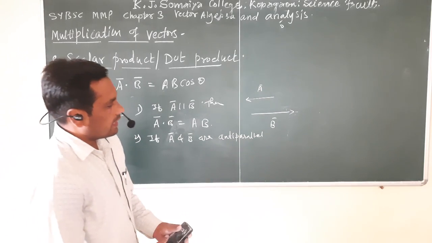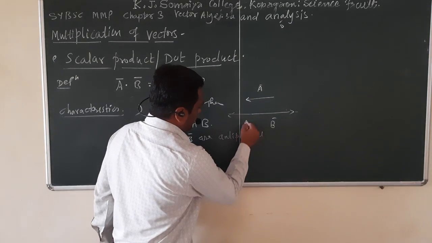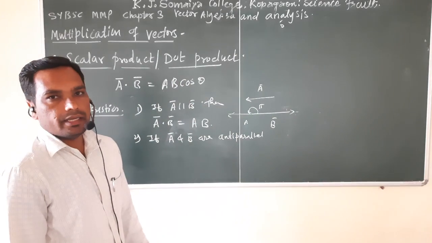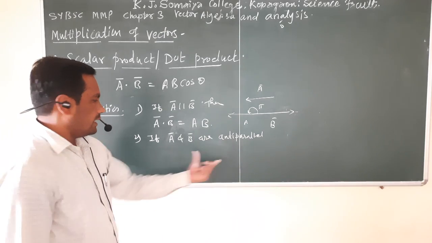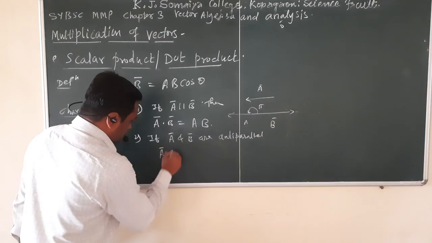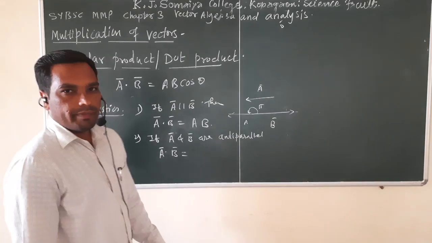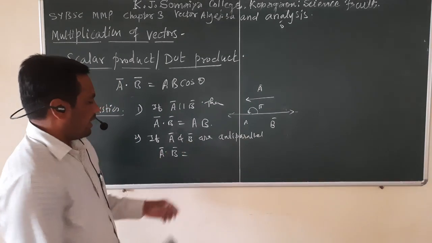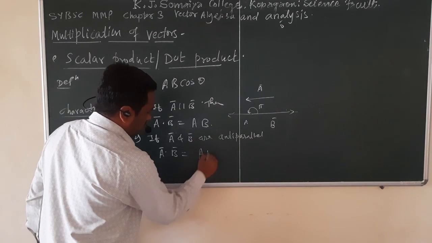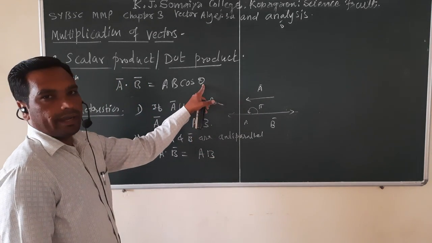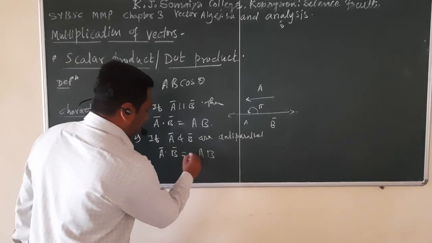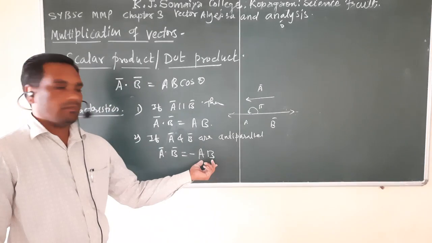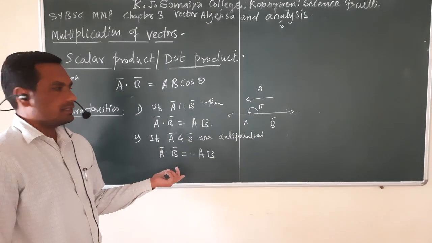In that case, if you take vector A like this, then you know that the angle between them is 180 degrees or pi radians. So what will be their dot product? Vector A dot B is equal to, again, magnitude of A, magnitude of B, and cosine of 180 or cosine of pi, which is minus 1. So A dot B becomes minus AB. This is the second characteristic.